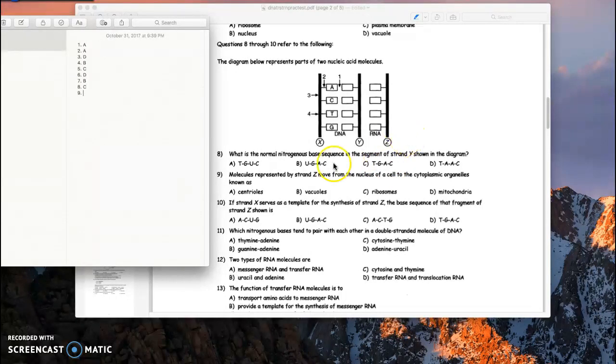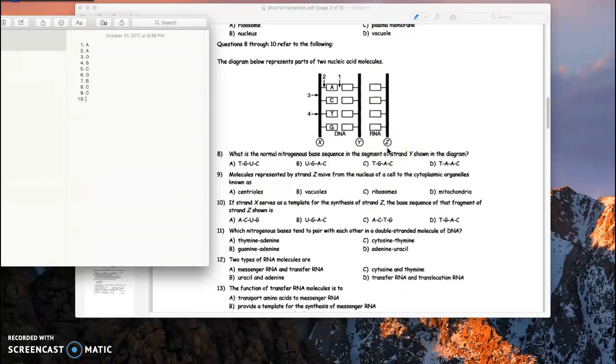Number 9: the molecule represented by strand Z moved from the nucleus to the cytoplasmic organelles known as... So it is going to move to C, the ribosome. RNA is going to move to the ribosome.